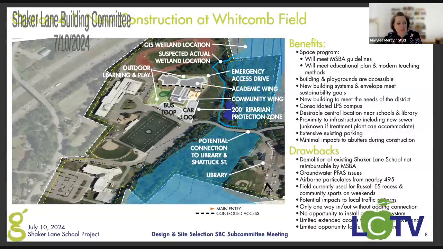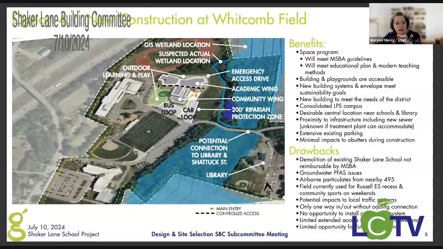We did a pretty careful study of where the Beaver Brook is, where the wetlands are, and where we suspect they actually are, because the GIS data gets outdated pretty quickly as wetlands and nature changes. But either way, the brook is here, and this navy blue line that runs through here is the 200-foot protection zone of that brook. So even with that boundary there, we're able to fit the new construction here.